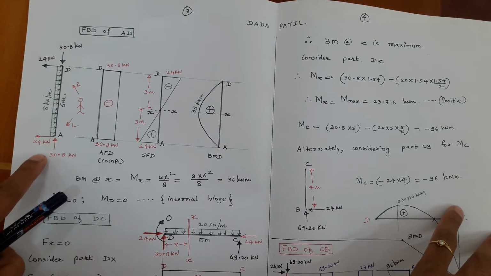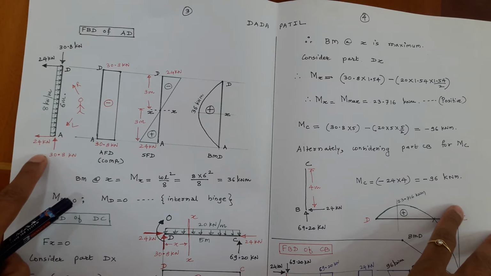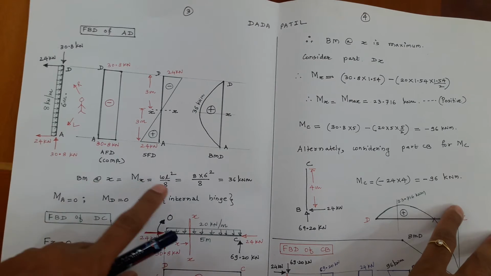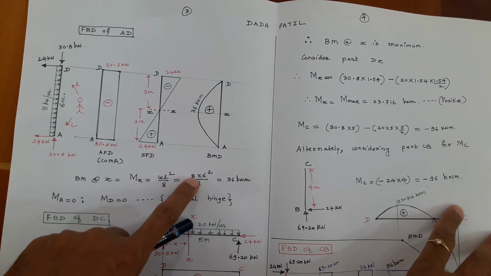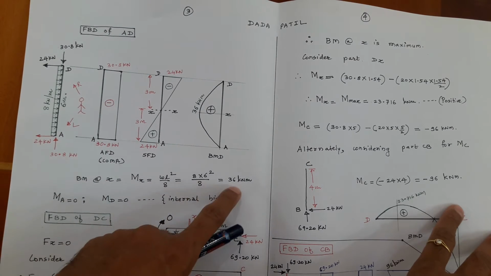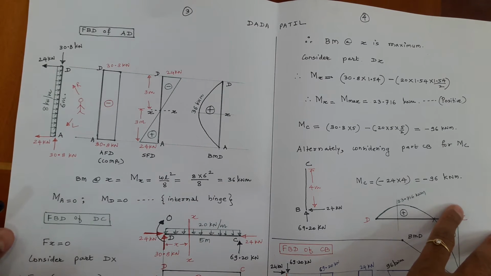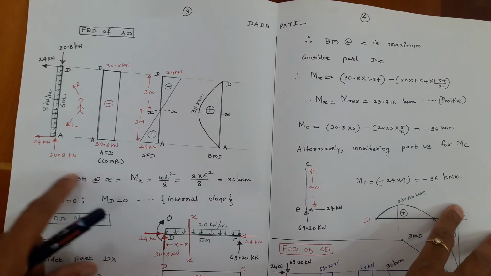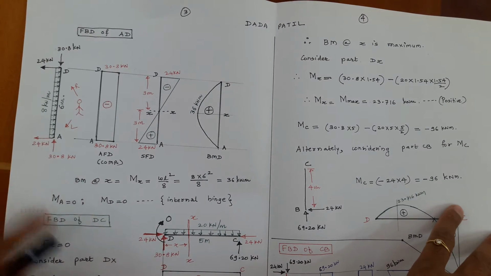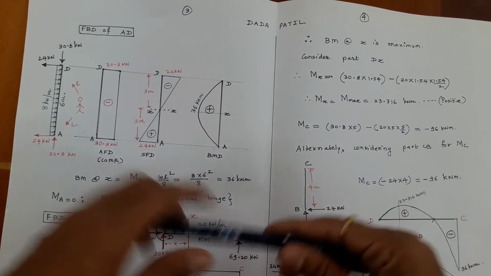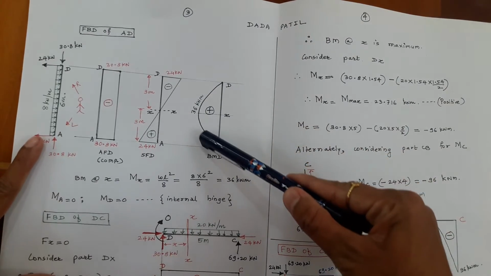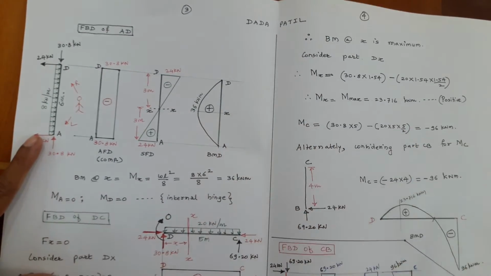So, it is a standard case of a simply supported beam loaded with a uniformly distributed load throughout, and therefore, we know that the bending moment at the center is WL square by 8, that is 8 into 6 square by 8, that becomes 36 kilonewton meter. Already we know that MA is 0, bending moment at A, that is the extreme simply supported end, and MD is also 0 because it is an internal hinge, and therefore, I draw the bending moment diagram as a parabola and I show it as positive.